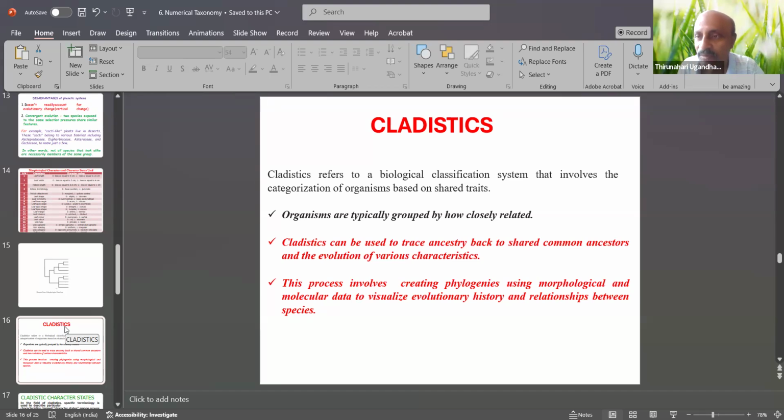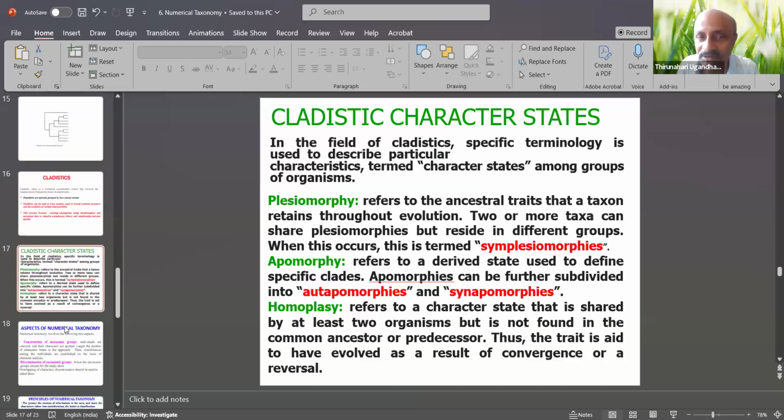These are also molecules based on the number, the data value, visualization, evolutionary history, and the relationship between the species. One plant species and another plant species, both have a relationship. These are called numerical taxonomic studies.